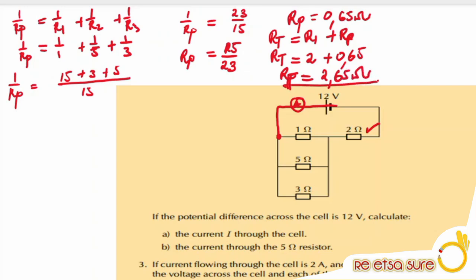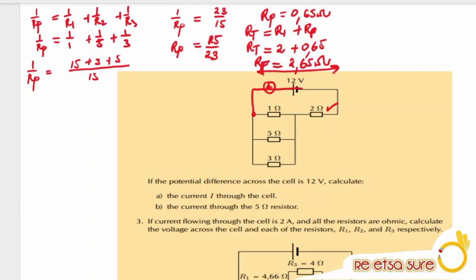This is our total resistance. But remember that the question says calculate the current through the cell, which is still the same as calculating the total current of the cell. Why am I saying this?